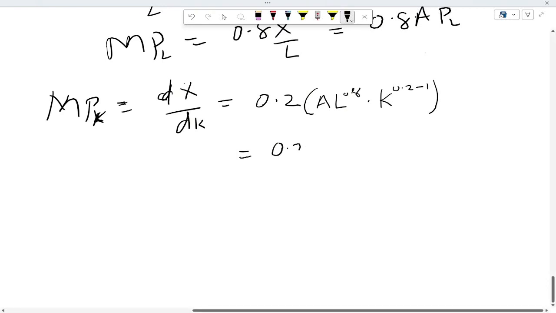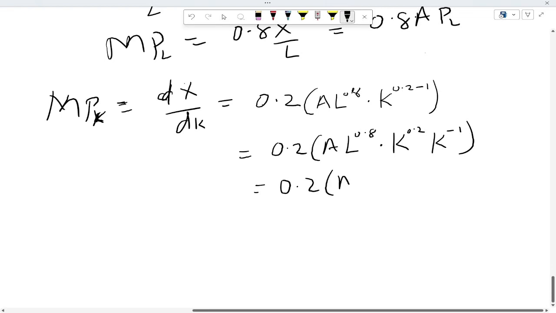Then the same thing that happens earlier, you try to split that minus 1. So AL will just remain as it is. Now you have 0.2 and you have K to the power minus 1. You close bracket. So the next thing is to factor out the K. So you have A into L raised to power 0.8 divided by K raised to power 0.2.